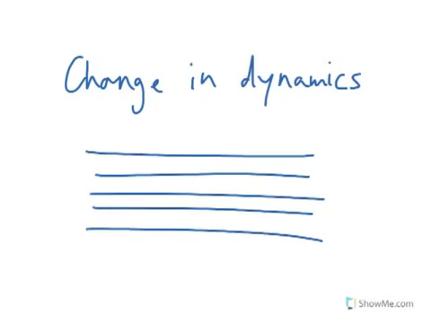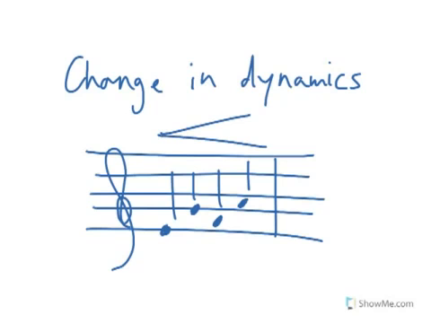One way you'll see it is, let me just draw some notes here. That's a measure. Okay, so one way you'll see it is this wedge. And you'll notice the wedge goes from small to big, and that's fairly self-explanatory.